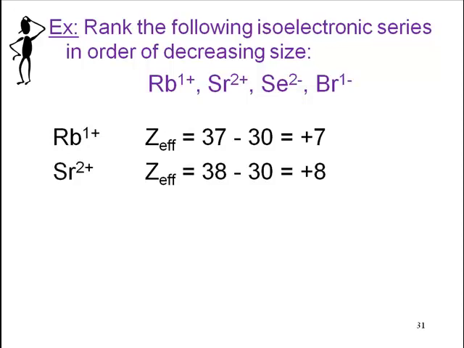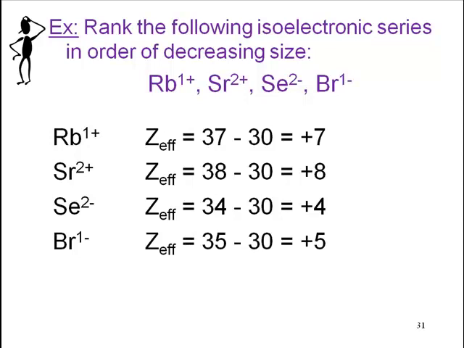Strontium here has 38 protons, the same number of shielded electrons. Selenium, wait a minute, it's got the same number of shielded electrons? Yep, because selenium is becoming like krypton in terms of the number of electrons. So you'll notice the only thing that's changing is the number of what?